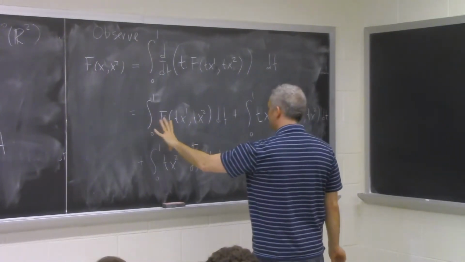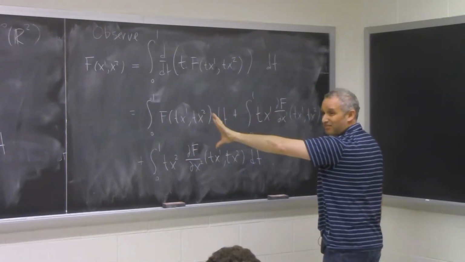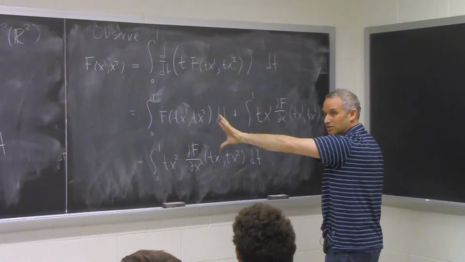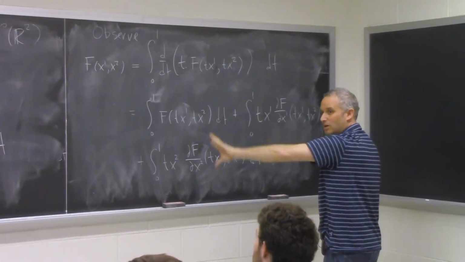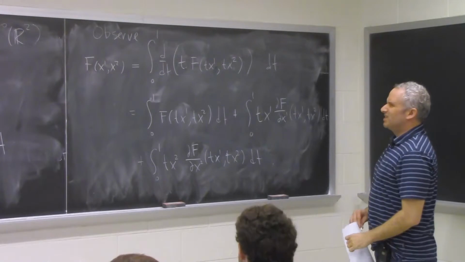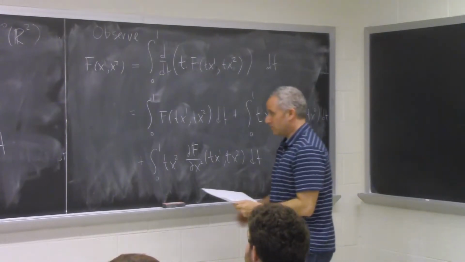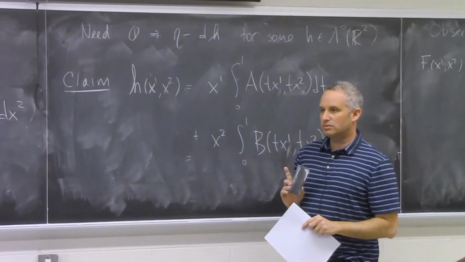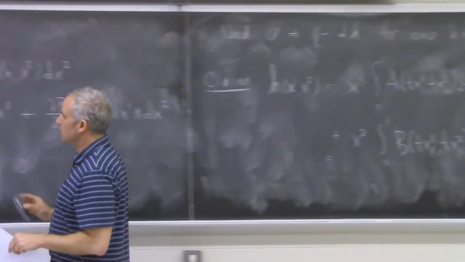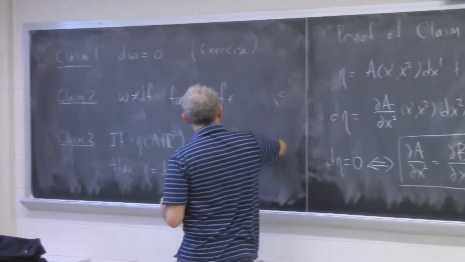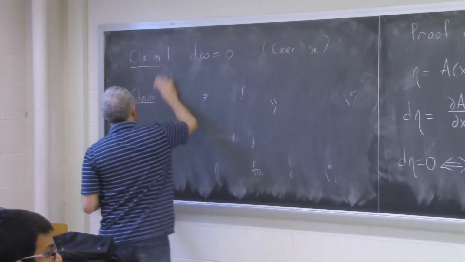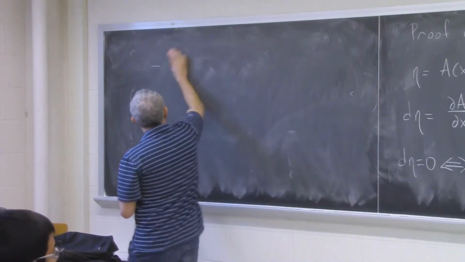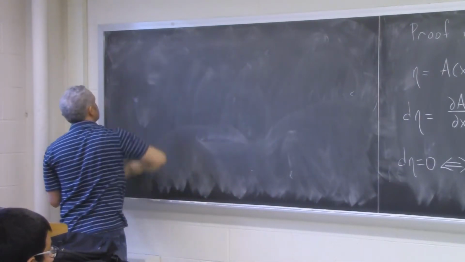If we see this expression involving the function big F, that's just big F in disguise. Okay? All right. So let's see why that is relevant. We want to show that dh equals eta.